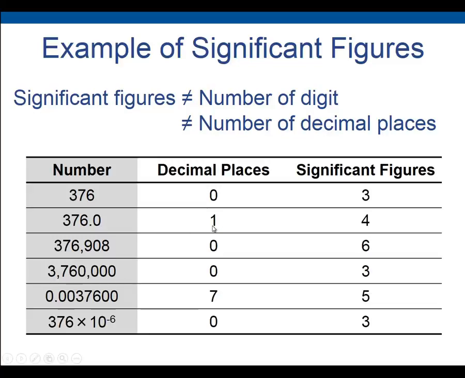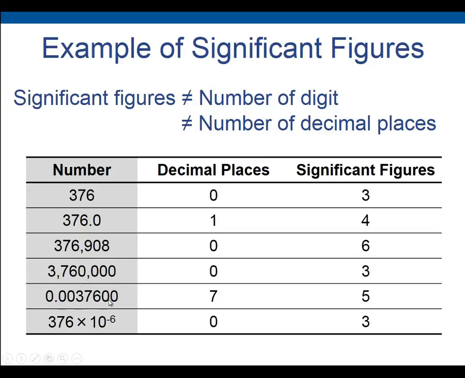The decimal place is 1. How about this? Decimal place is 0, and this 0 is also considered a significant number. So 6. How about this one? This one, there is no decimal point, so the decimal place is 0, and even though it ends with 0, there is no decimal point, so in this case 376 is the significant figures.